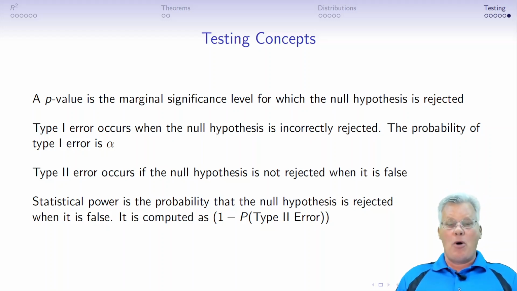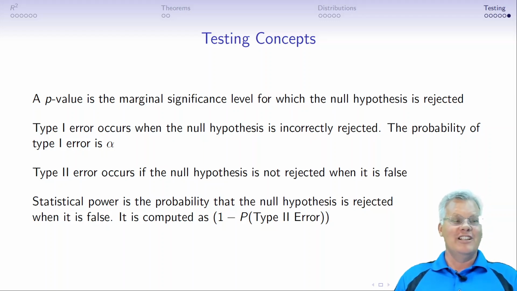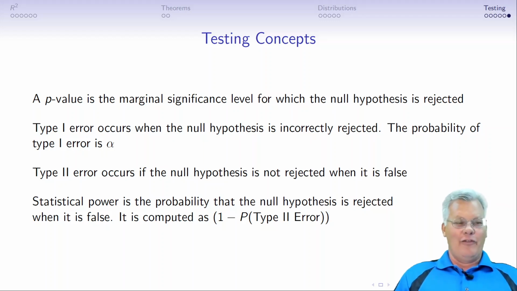Statistical power is the probability that the null hypothesis is rejected when it is false. Right? So remember, type 2 error is when the null hypothesis really is false, but we don't reject it. Statistical power says what is the probability that when the null hypothesis is false, I really do reject it. And of course, that would be defined as 1 minus the probability of type 2 error.